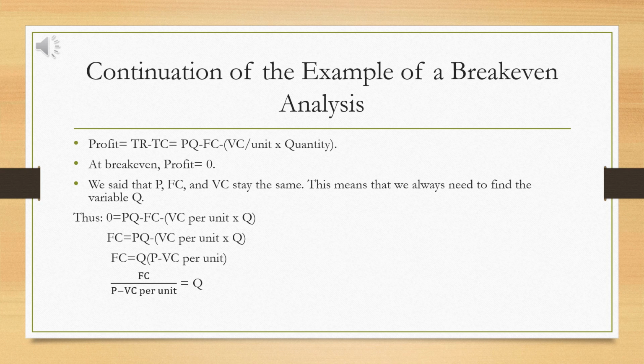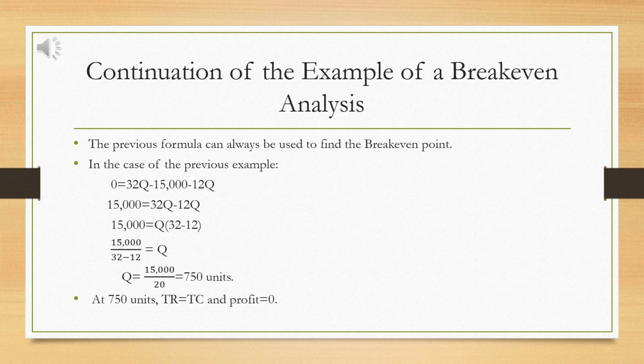Thus, the break-even point Q equals fixed cost over selling price minus variable cost per unit. This previous formula can always be used to find the break-even point. In the case of the previous example, 0 equals 32Q minus 15,000 minus 12 times Q.